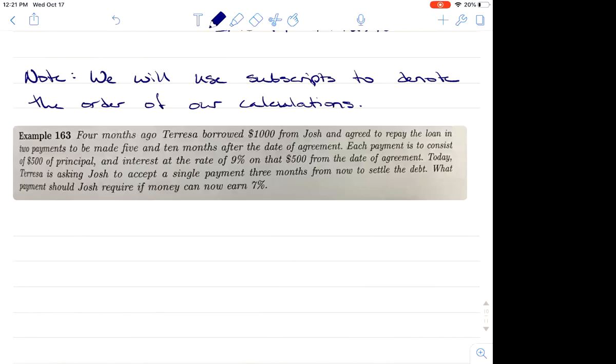And so she was going to repay the loan in 5 and 10 months after 4 months ago. And then today, 4 months after the agreement date, she's asking Josh to accept a single payment 3 months from now.